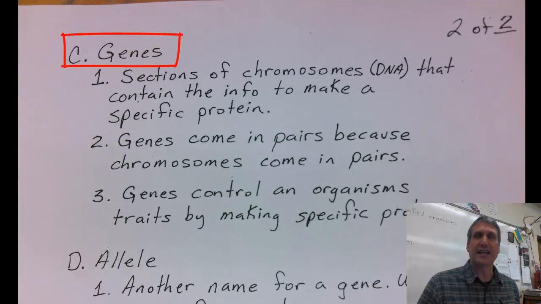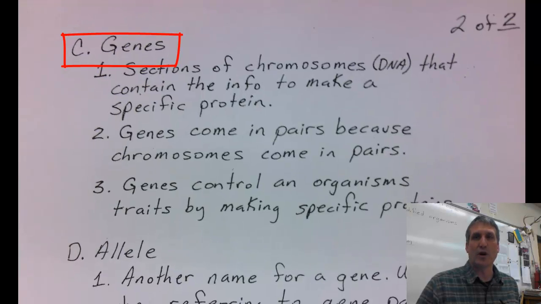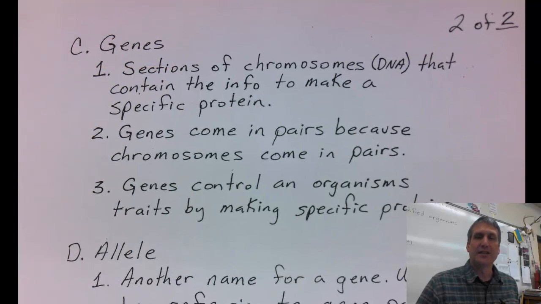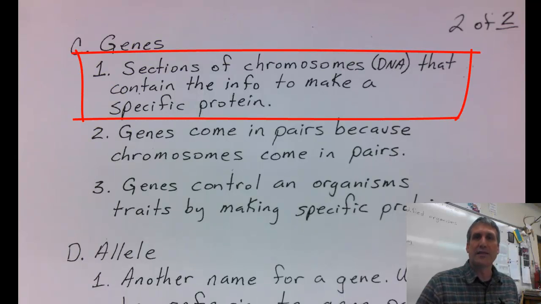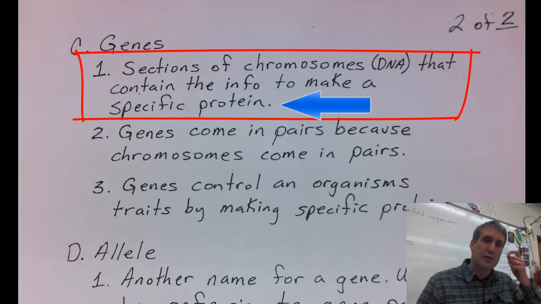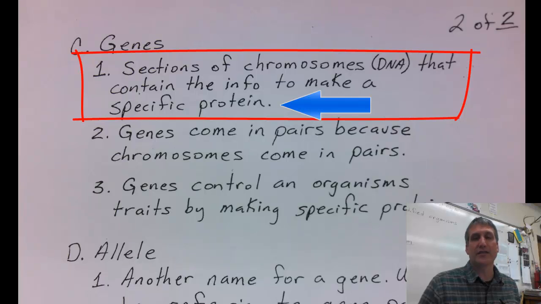The next important concept to understand is what a gene is. Understanding genes is central to understanding how characteristics are passed from one generation to the next. Genes are actually sections of DNA or chromosomes that contain the information to make a specific protein. You have the characteristics you do because you inherited genes that give you the information you need to make specific proteins, and then those proteins affect your characteristics.